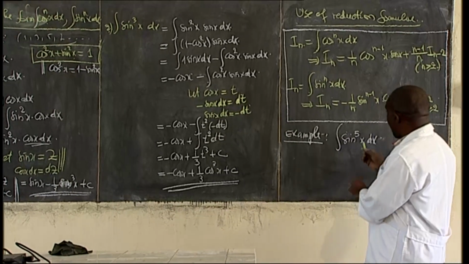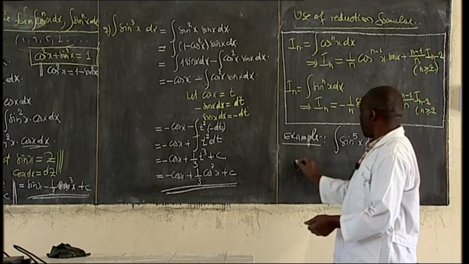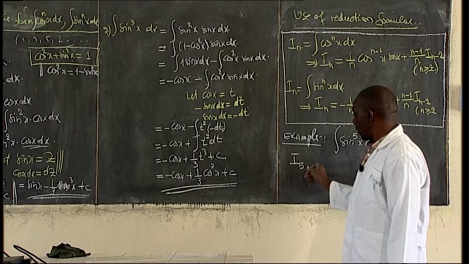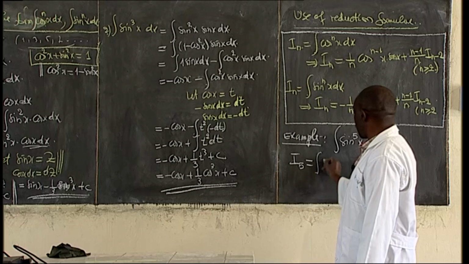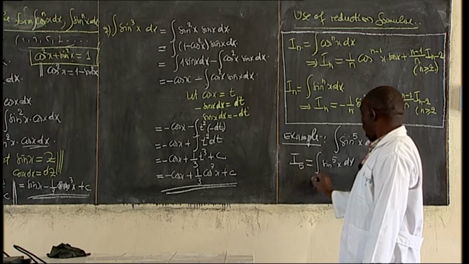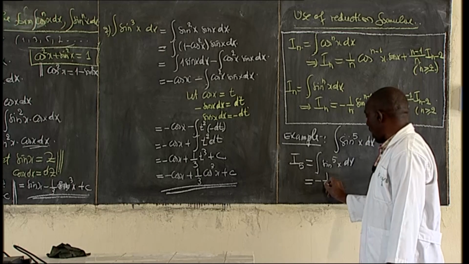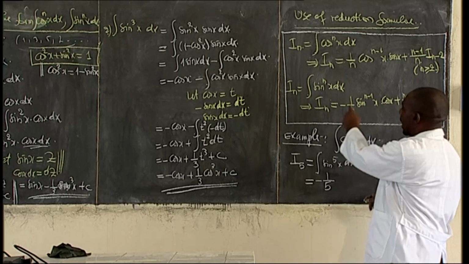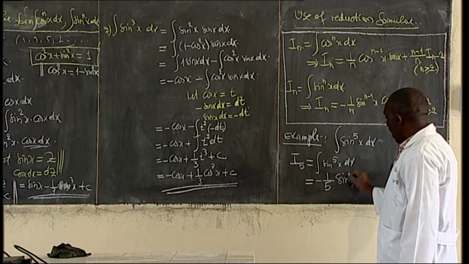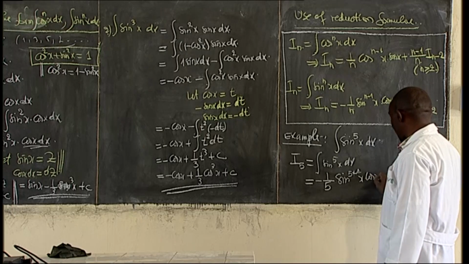Here the exponent is 5, meaning that n is equal to 5, so I_5 equals the integral of sine^5 x dx. Applying the formula, it will be minus 1 divided by 5, since n is 5, times the sine^(5-1) x times the cosine of x.